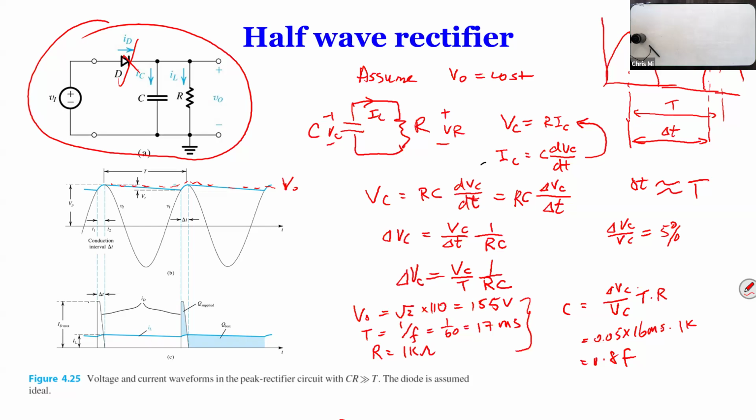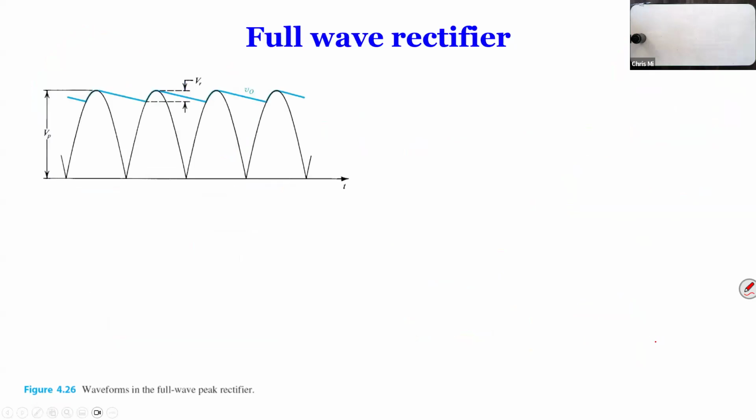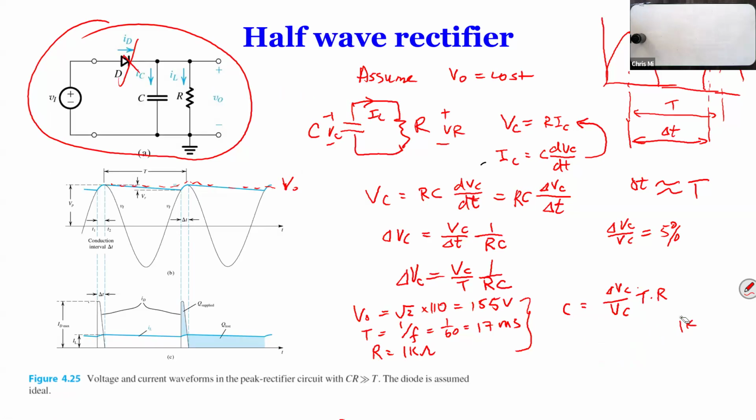No, did we get it wrong? Did we flip VC over delta VC? Oh yeah, we flipped. Sorry, this was wrong. I'm sorry about that. We got the equation wrong.